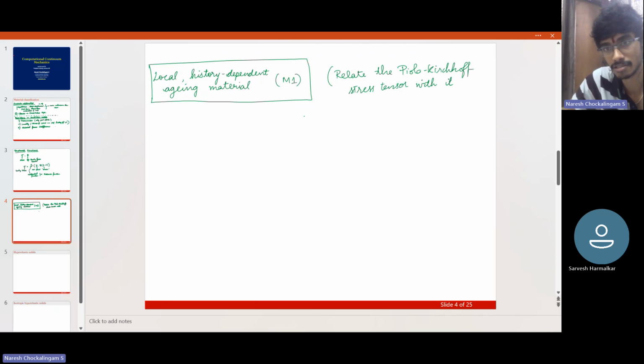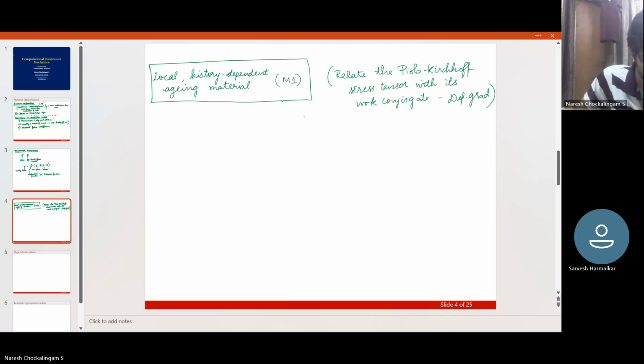What is its work conjugate? It is the deformation gradient. So the first Piola-Kirchhoff stress tensor, which varies with the point where we are looking at, the material point, and also at which instant of time we are looking at.